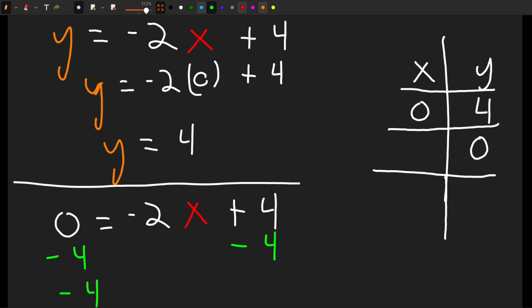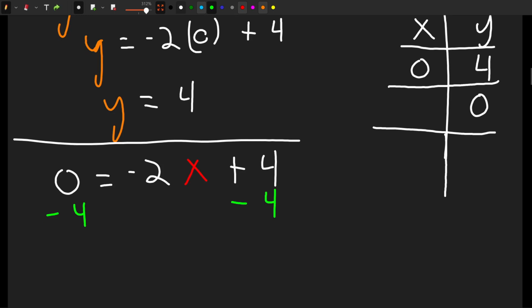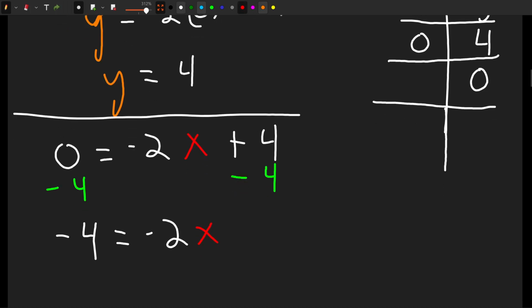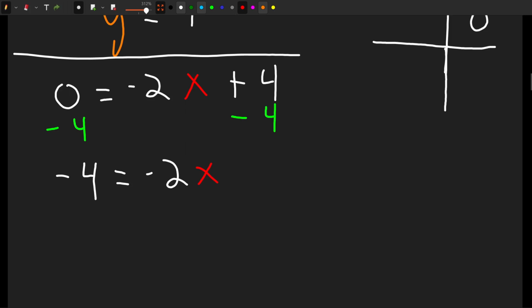I'm going to get negative 4 is equal to negative 2x. Now I'm going to divide by negative 2 to both sides. And I'm going to get 2 is equal to x.